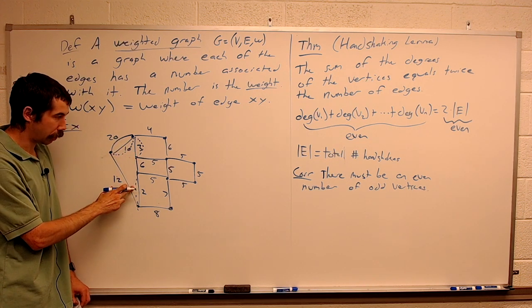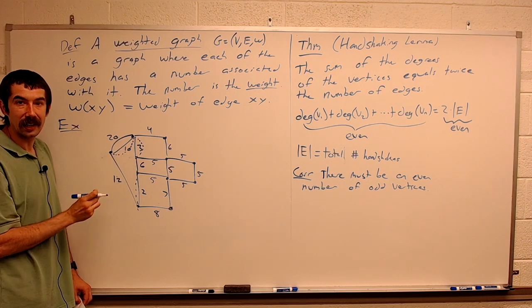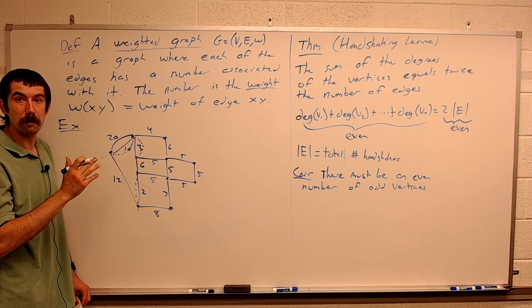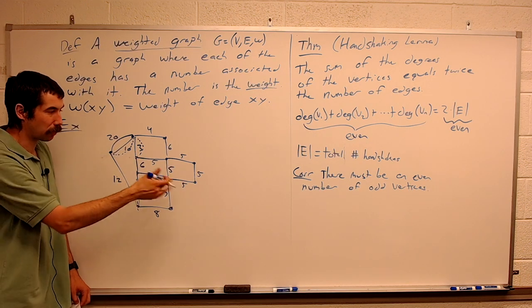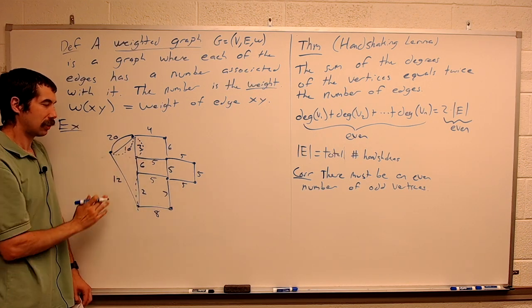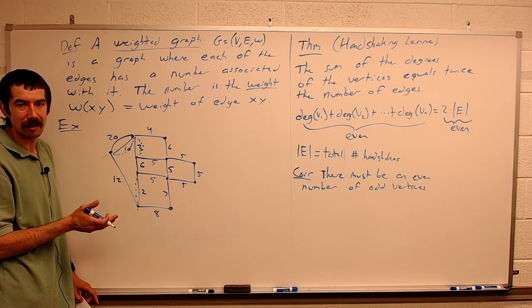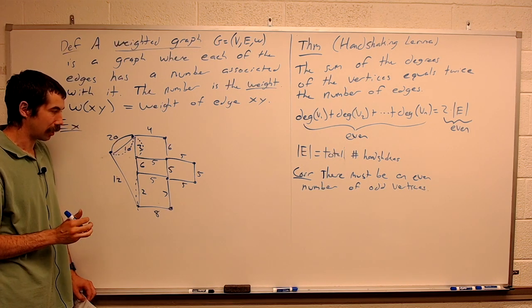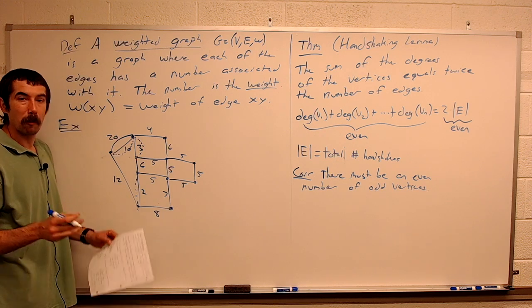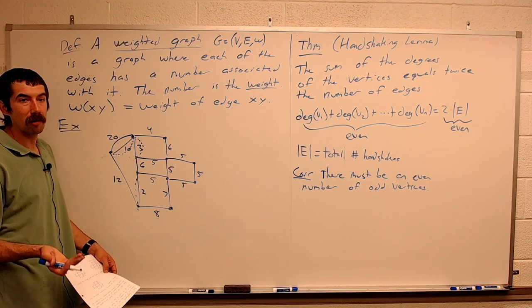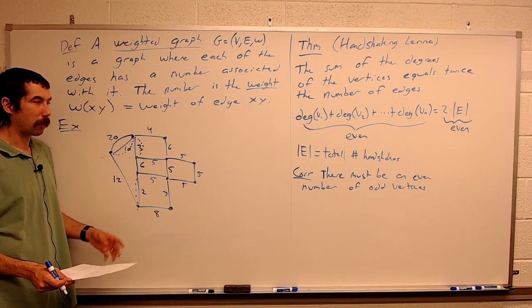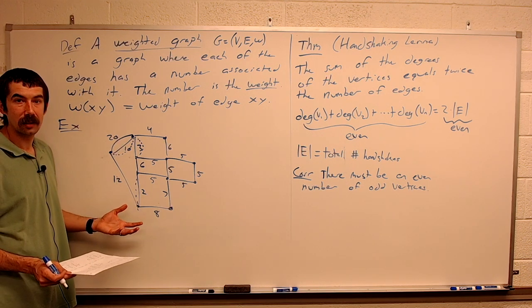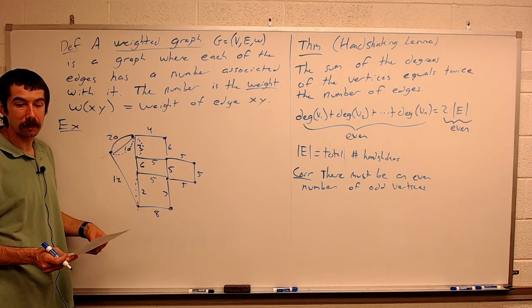So we get a weight of 2 plus 3 plus 10. That's 15, which is much better than the 18. Maybe it's possible if we go way out of the way to find something a little bit better, but it turns out it's not. This was the best we could do. But we'll see down the line some algorithms to help us find optimal ways to Eulerize a graph when we have weights. But in general, it's a pretty tough problem.